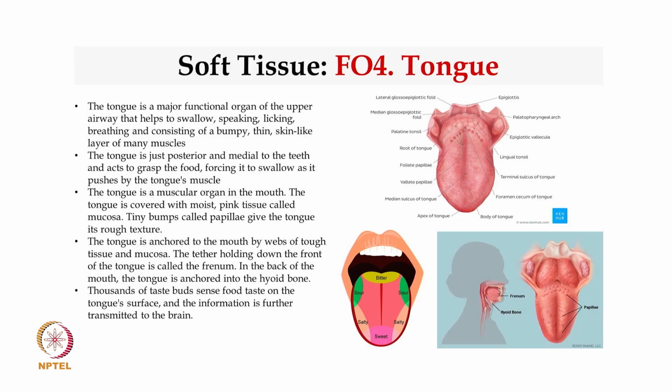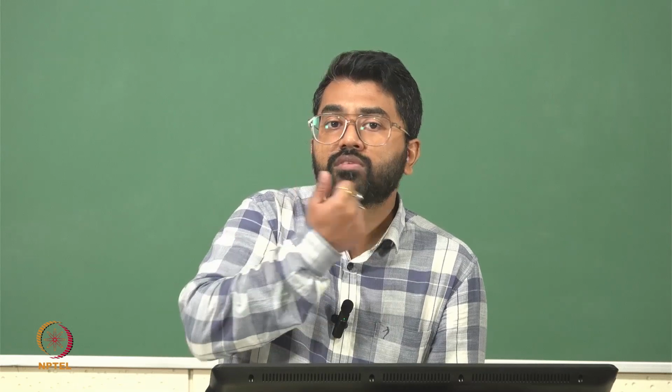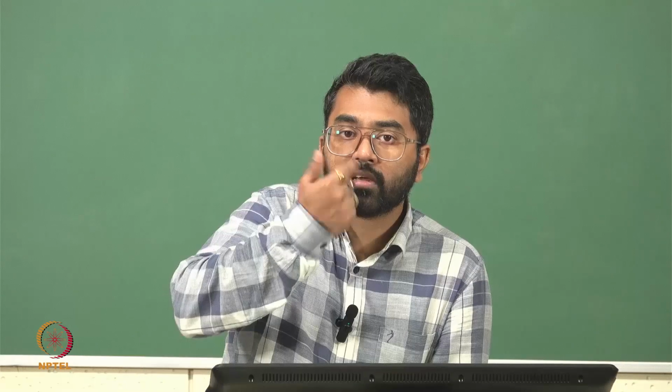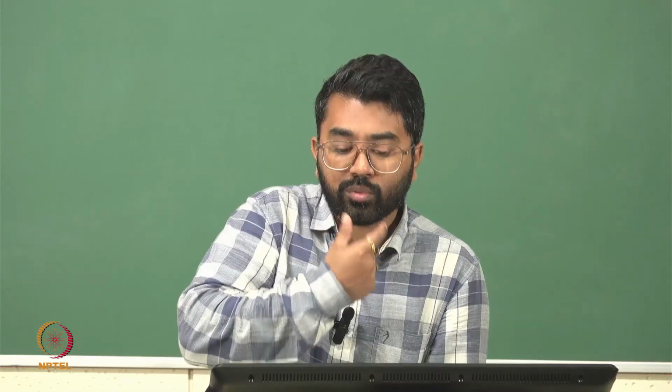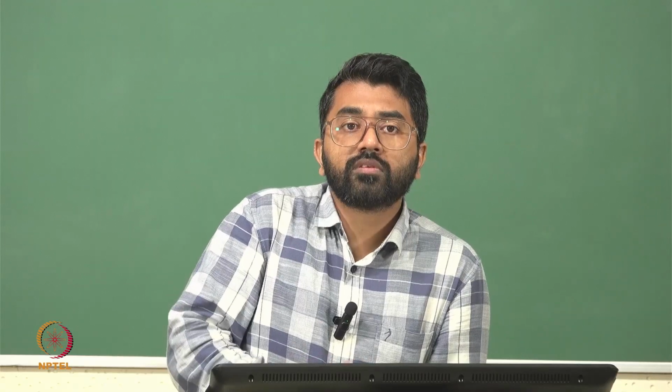If you're eating something sour, that taste will come on the sides of the tongue, bitter taste will come on the back of the tongue, salty typically on the sides a little towards the front, and the very bottom is the sweet tasting region. This is where the sensors can quickly grasp. So this is a scheme of things for the tongue in terms of soft tissue.